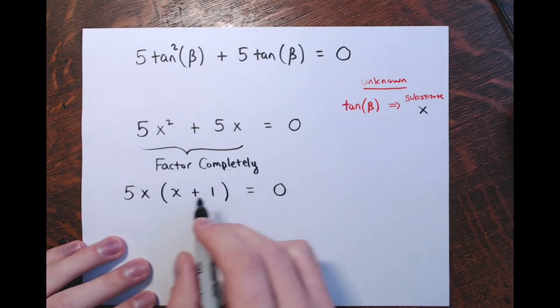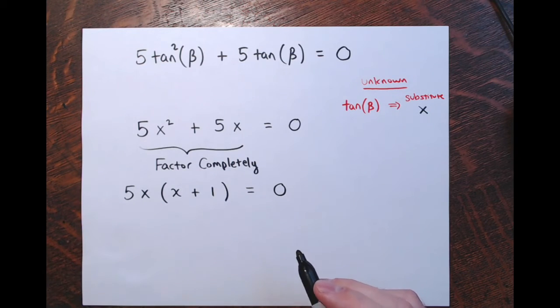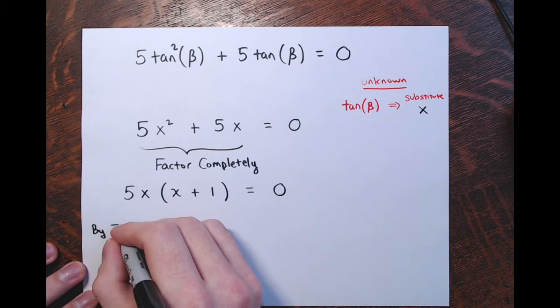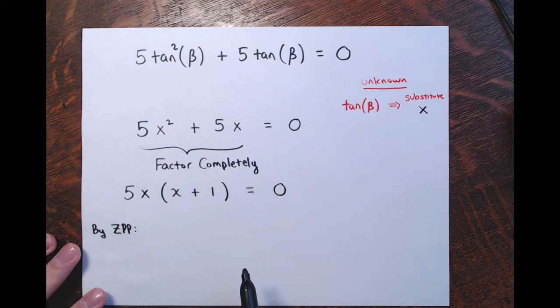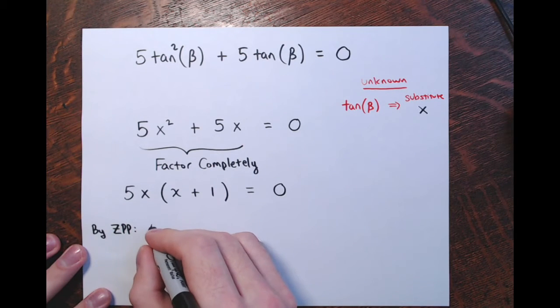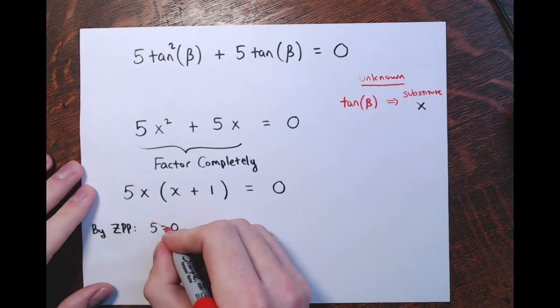And I have what I want now: a product equal to 0. So I'm going to apply the zero product property mentioned in the first video: if a product is equal to 0, then one of the factors is 0. Either 5 equals 0, which can't be true, so we get nothing from that, or x is 0, or x plus 1 is equal to 0.